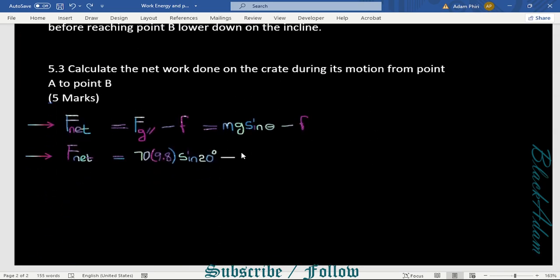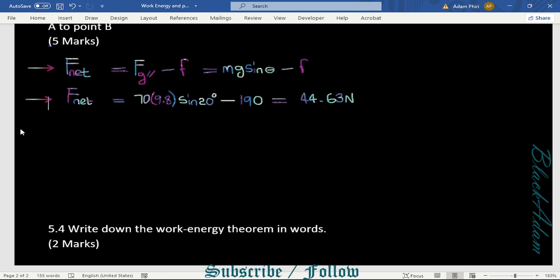Calculating that, we find it is 44.63 newtons.